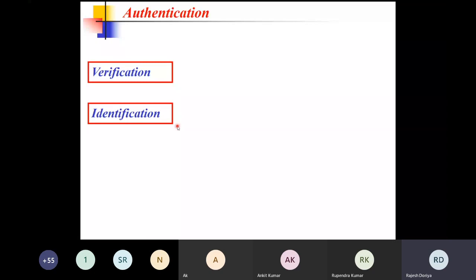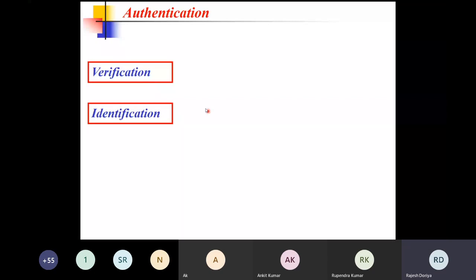That is identification. And let's say we have two face data and we are trying to match those two in one-to-one mapping, then that becomes the process of verification.